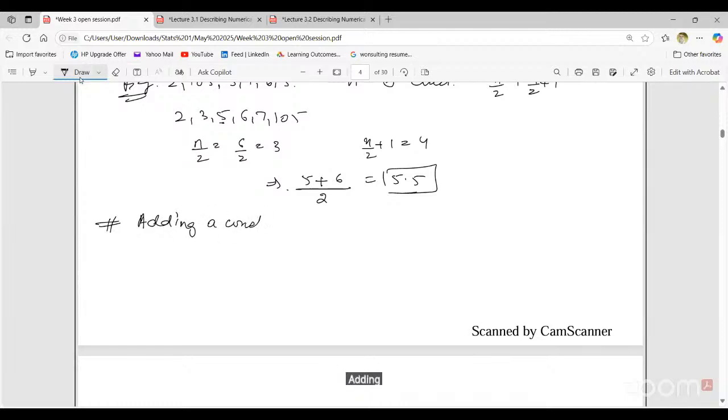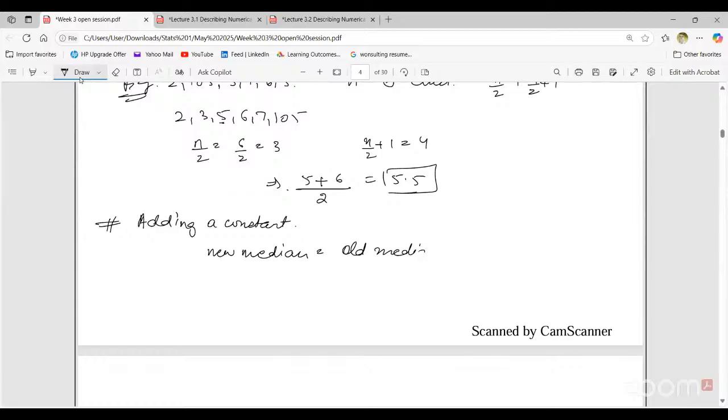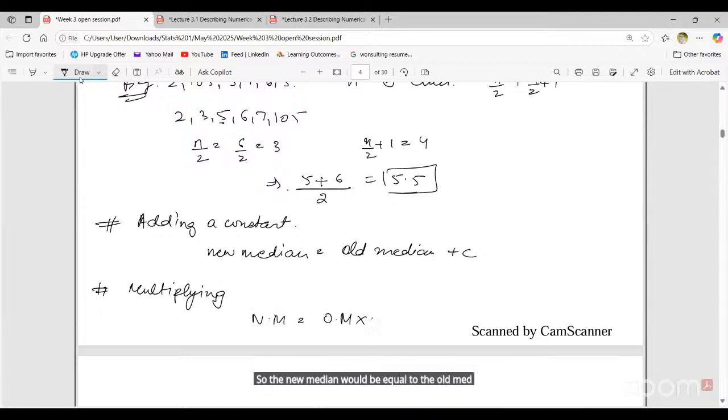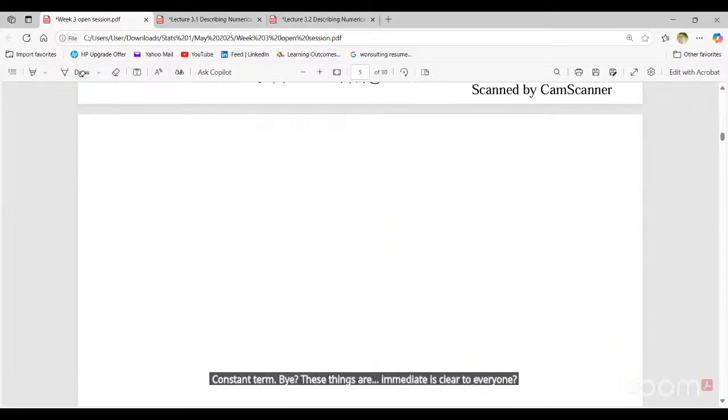My new median would be equal to the old median plus the constant, plus C. Similarly, if I'm multiplying by a constant, similar to mean, the new median would be equal to the old median times the constant term. Is the median clear to everyone? Yes, ma'am.